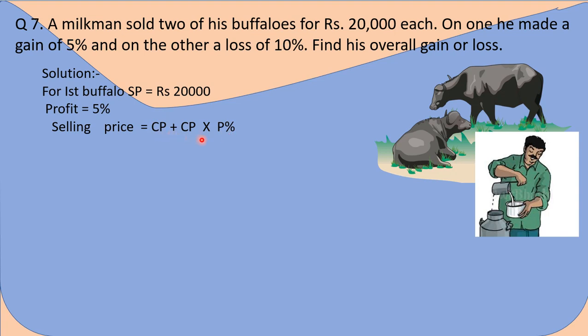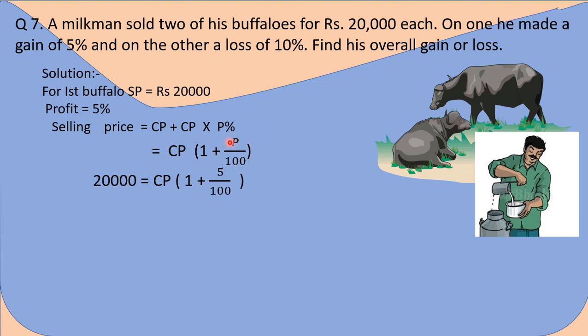Now here the profit is given in percentage, so profit will be on the cost price. So we can write profit percent of cost price. So the formula will be, cost price will be common, and 1 plus P upon 100. This P percent we can write as P upon 100. So this is the formula in case of profit. Selling price is cost price into 1 plus P upon 100.